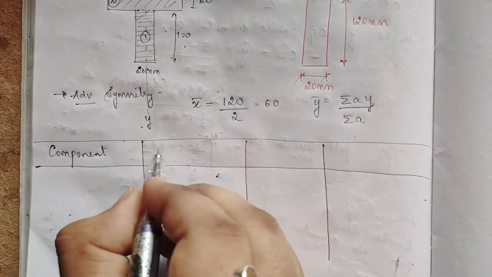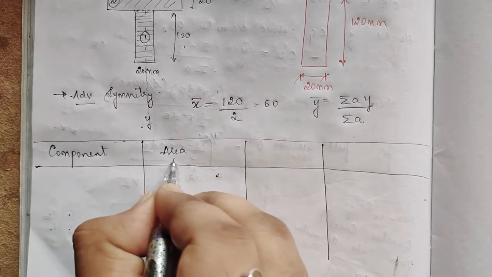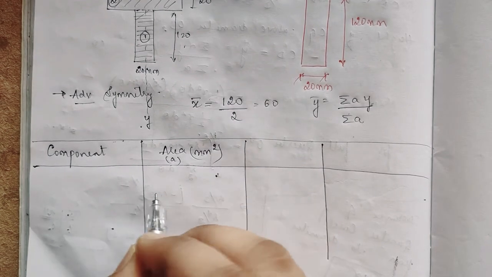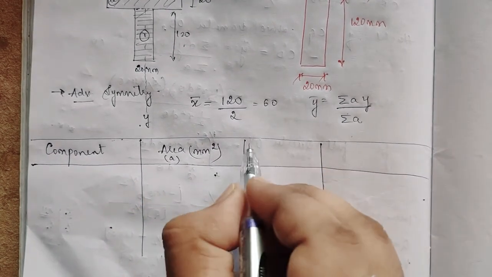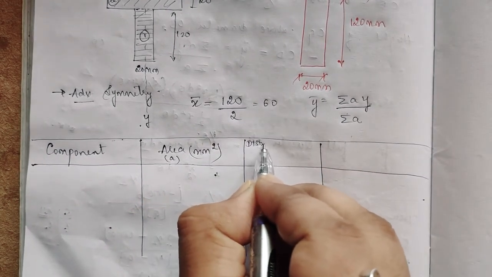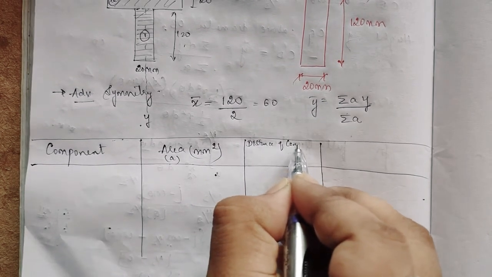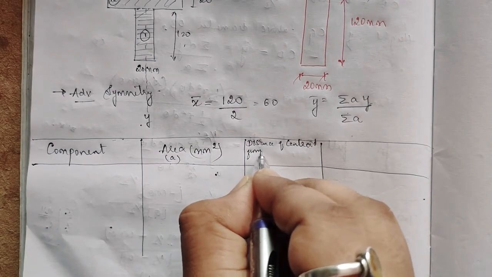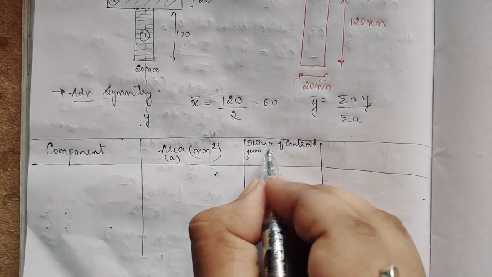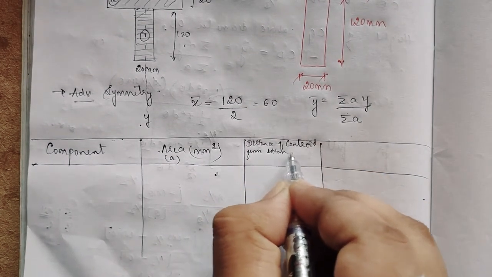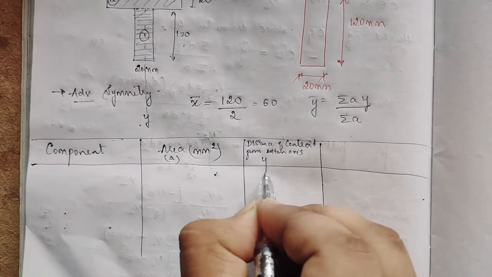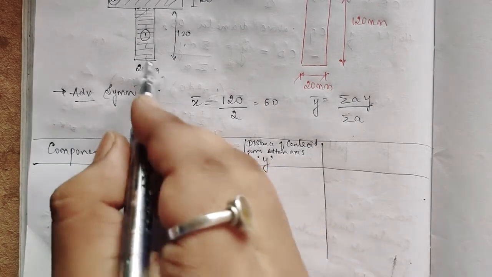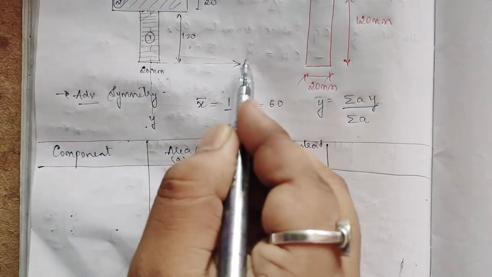Next, area A, in mm square. Next is the distance of centroid from the bottom reference axis, or whichever axis you take. This is basically y, the distance y from the axis.